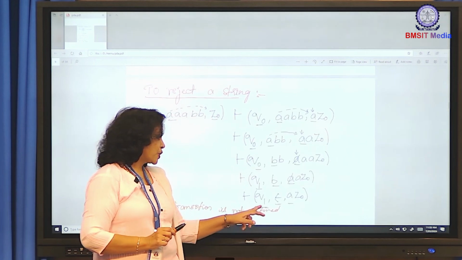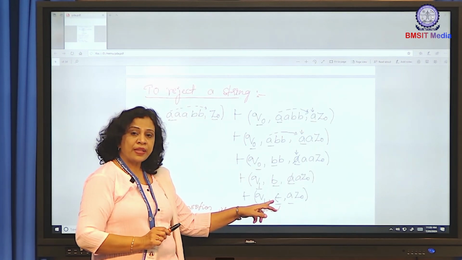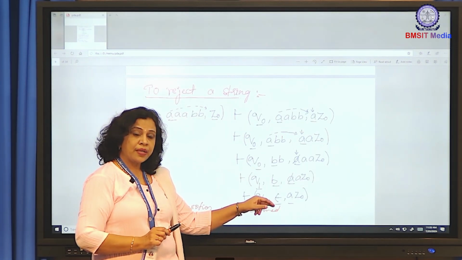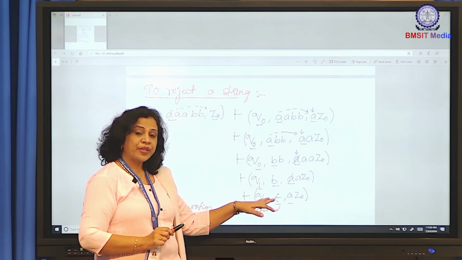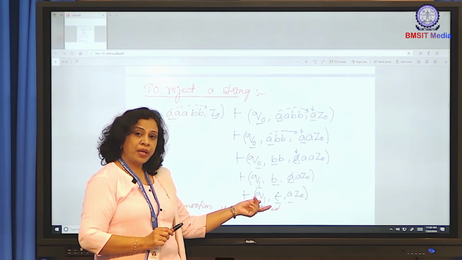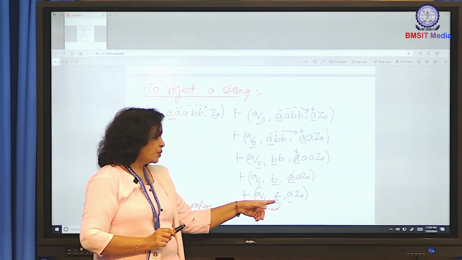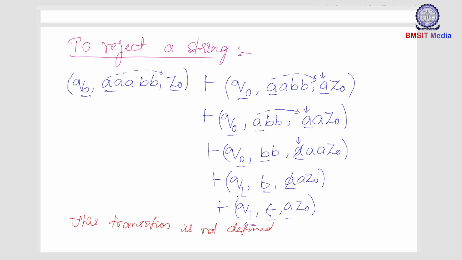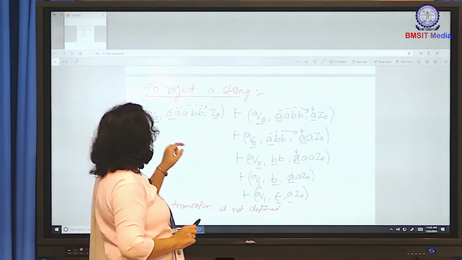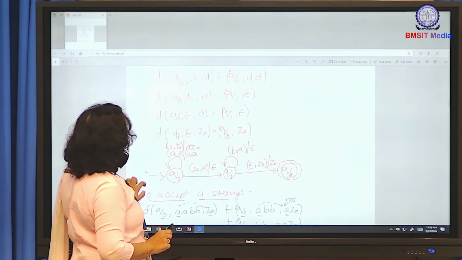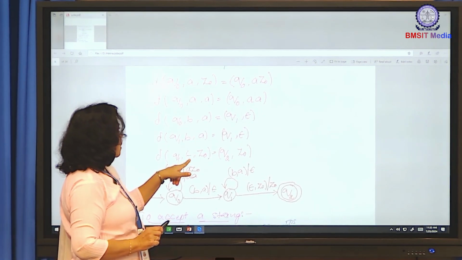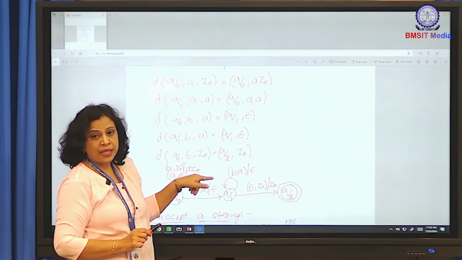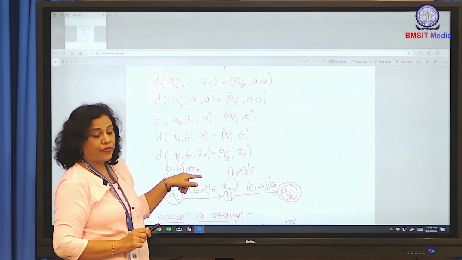When the input gets over, that is, when the input is fully processed, the stack should have only Z naught, or the stack can be empty. Now A is remaining in the stack. It means that this transition, Q1 comma epsilon comma A, we have not defined.